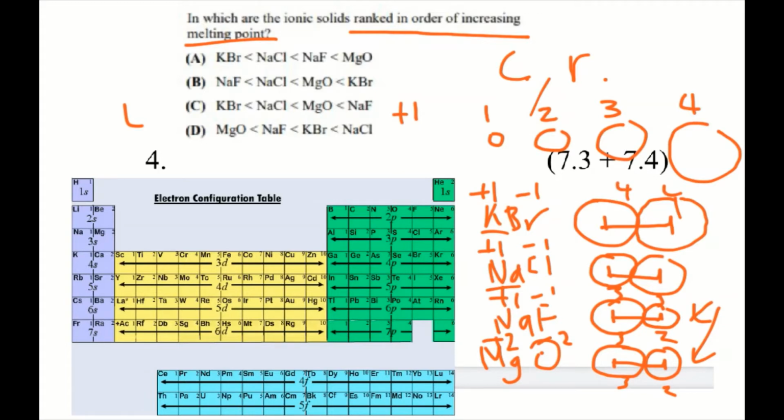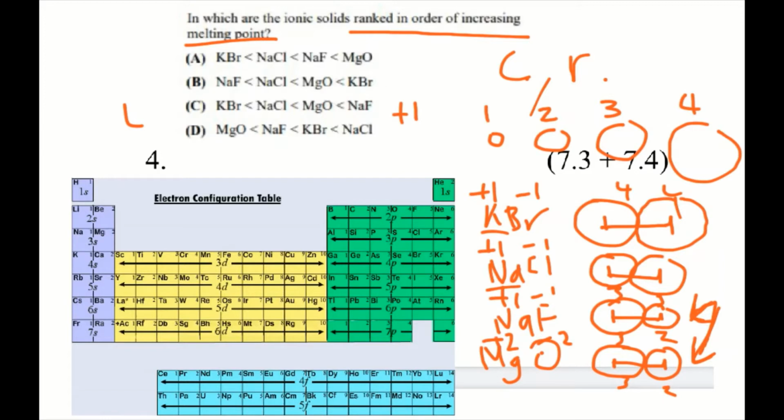Generally when you go down the group, you're going to have a larger atomic or ionic radius. So that's why I'm doing it this way. Using pictures is very helpful. So I have to compare these two. These two have the smallest ionic bond length, and because of that, they will experience the most attraction according to Coulomb's law, and because of that, they will have the highest melting points.